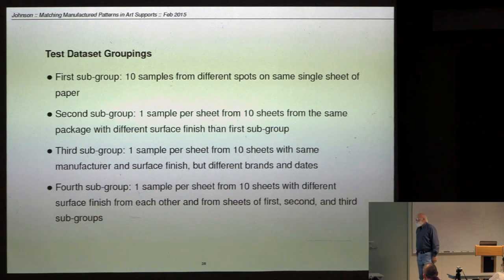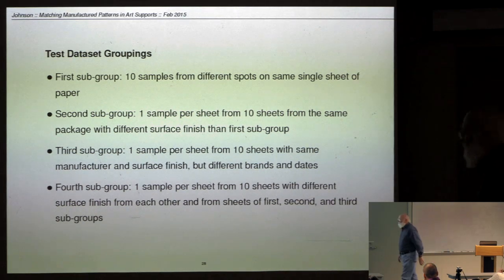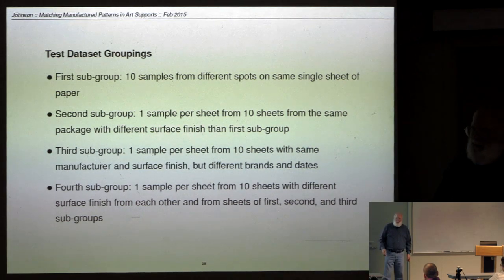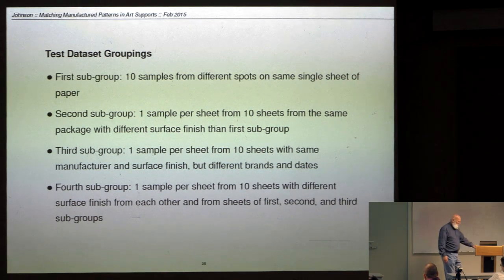And then we took 10 sheets from different boxes, but the same manufacturer specs. They might have been made at a different factory even, or at a different date, but they were supposedly to the same specification. And then we took a fourth group of 10 that were just representative of everything else. And we did this 3 times. So we have a set of 120 samples.